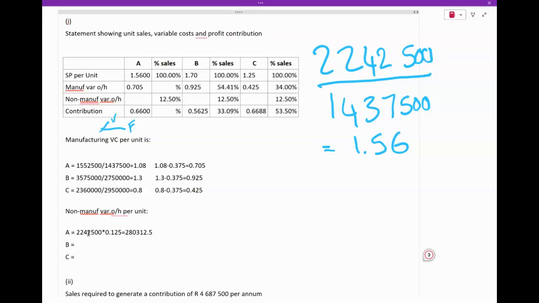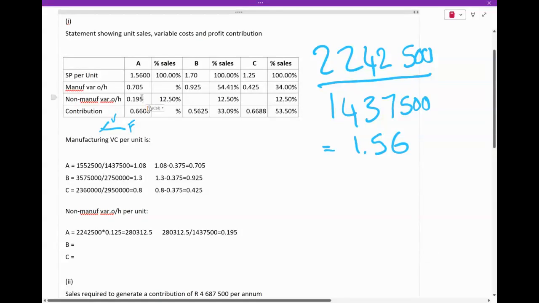We want the per unit. So what do we need to do here? Divided by 1,437,500. There we go.